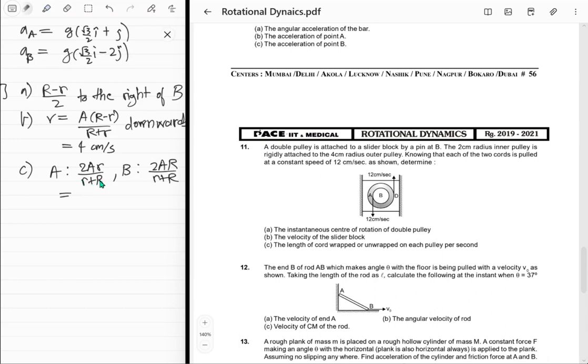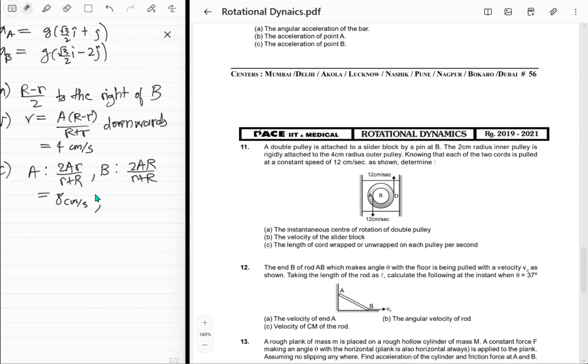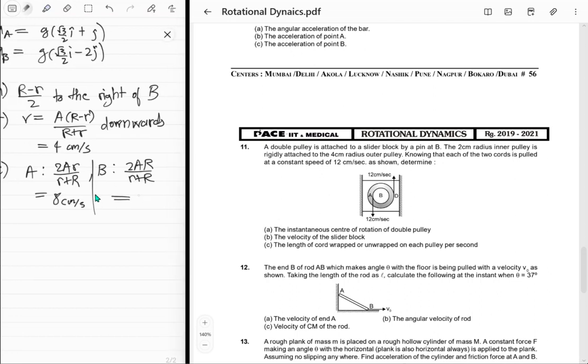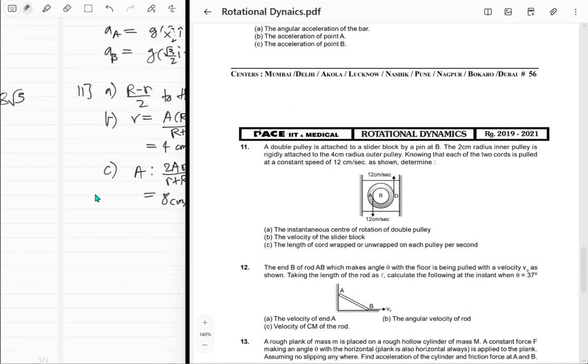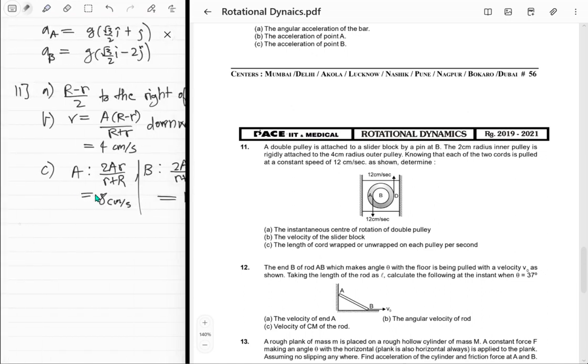So 2/3 of A, in fact, which is like 4, but 2 times of that. 8. Yes, 8 centimeter per second. And for B, it's just 2 times of that. It's just 16 centimeter per second. Yes.